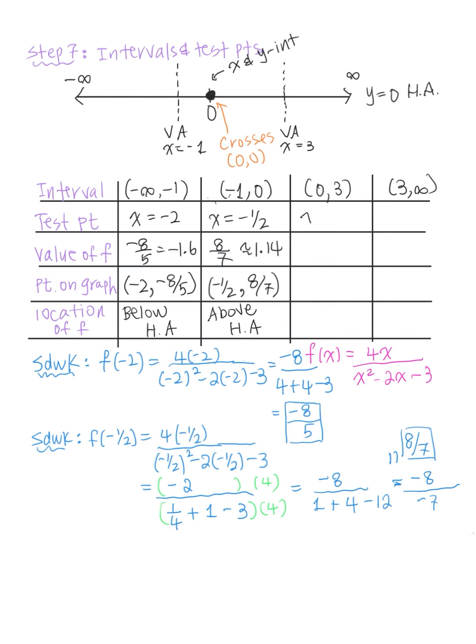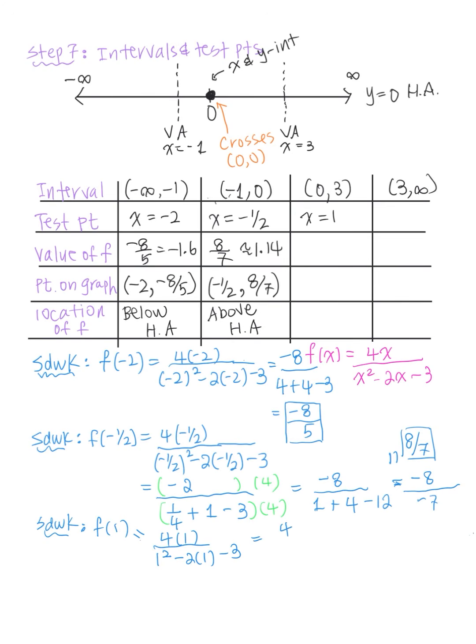Now let's go into the next interval, 0 to 3. Let's just pick x equals 1 and compute f of 1. As side work, f of 1 is 4 times 1, whole thing divided by 1 squared minus 2 times 1, and then minus 3.